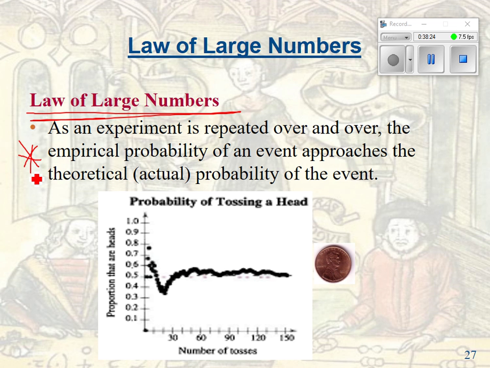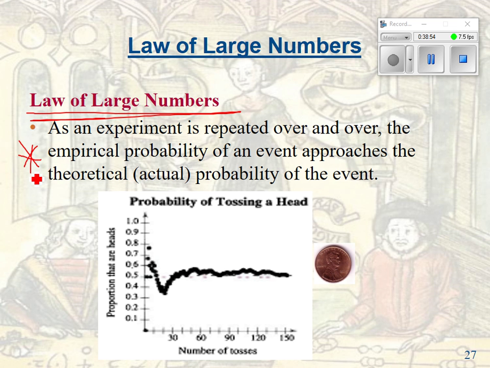So in other words, we sat here and flipped the coin 10 times. Are we going to get 5 heads and 5 tails? Probably not. If we flip it 100 times, are we going to get 50 heads and 50 tails? No, but we're probably going to keep getting closer and closer to that. If we flipped it 1,000,000 times, the percentage would get closer to 50% every single time.